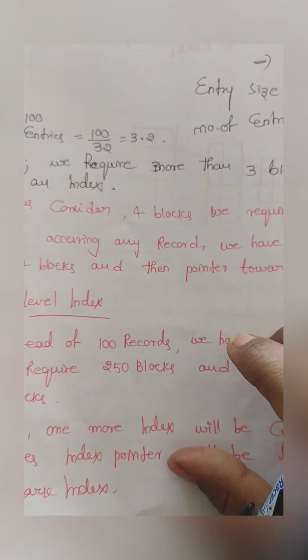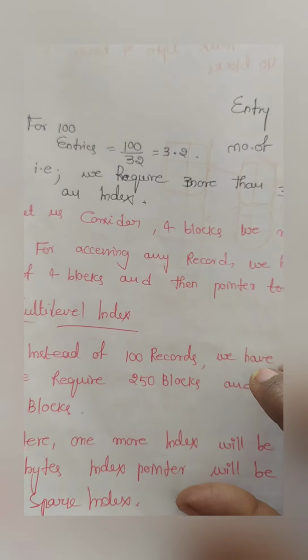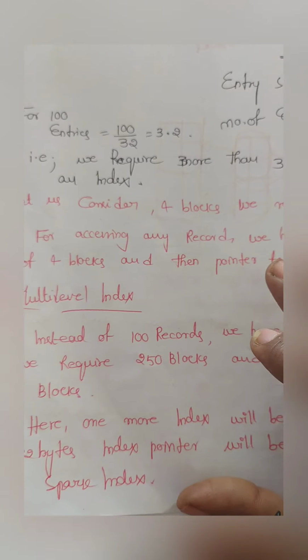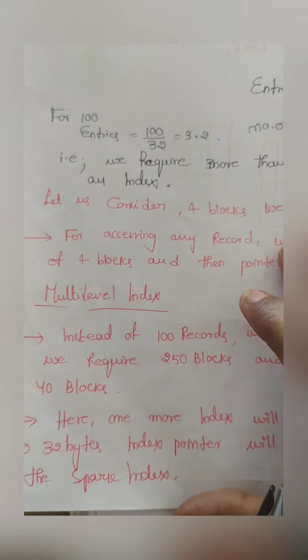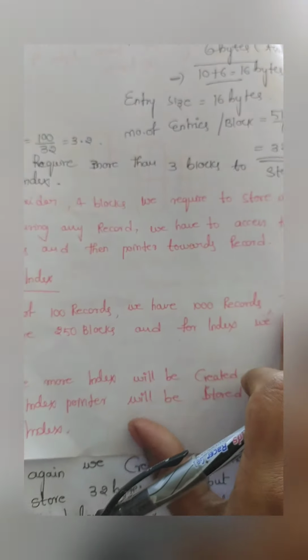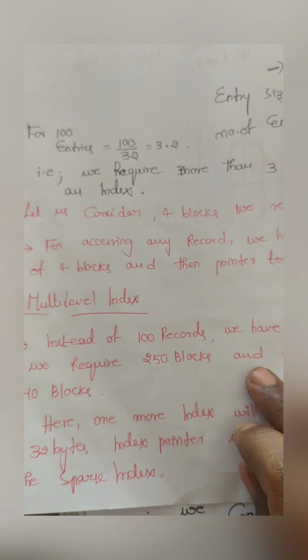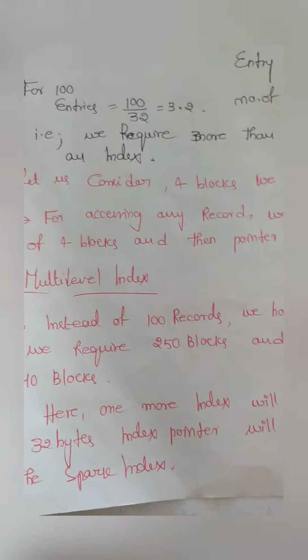It will reduce the time compared to the last explained method with only the records on the disk. For example, if we add one more index, that is called a multi-level index. Instead of 100 records, if we have 1000 records, then we require 250 blocks, and we would have to access all 40 index blocks.